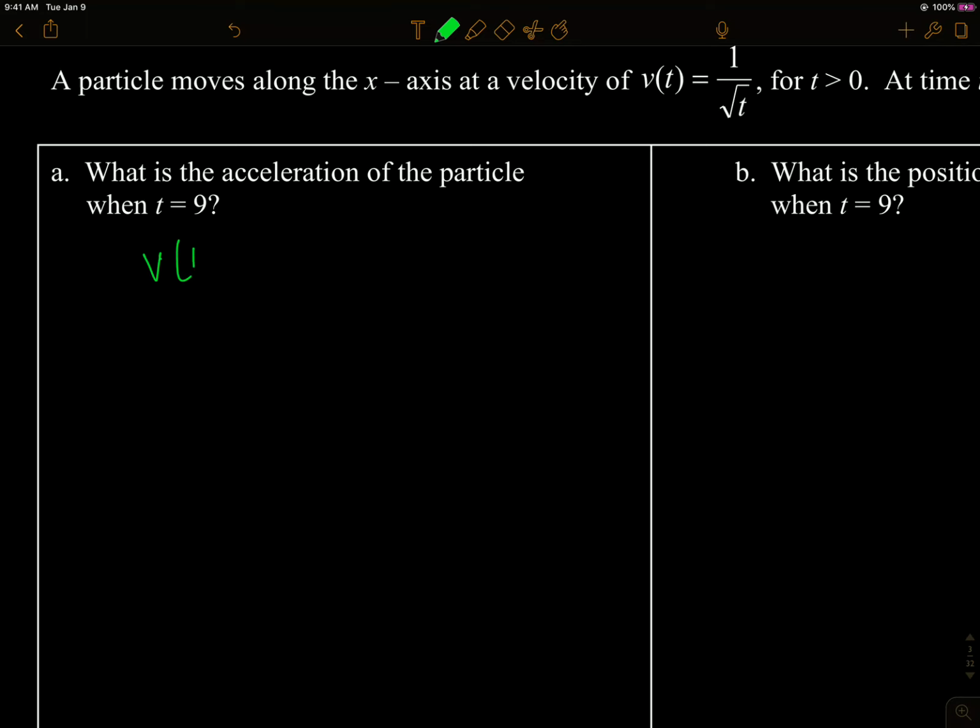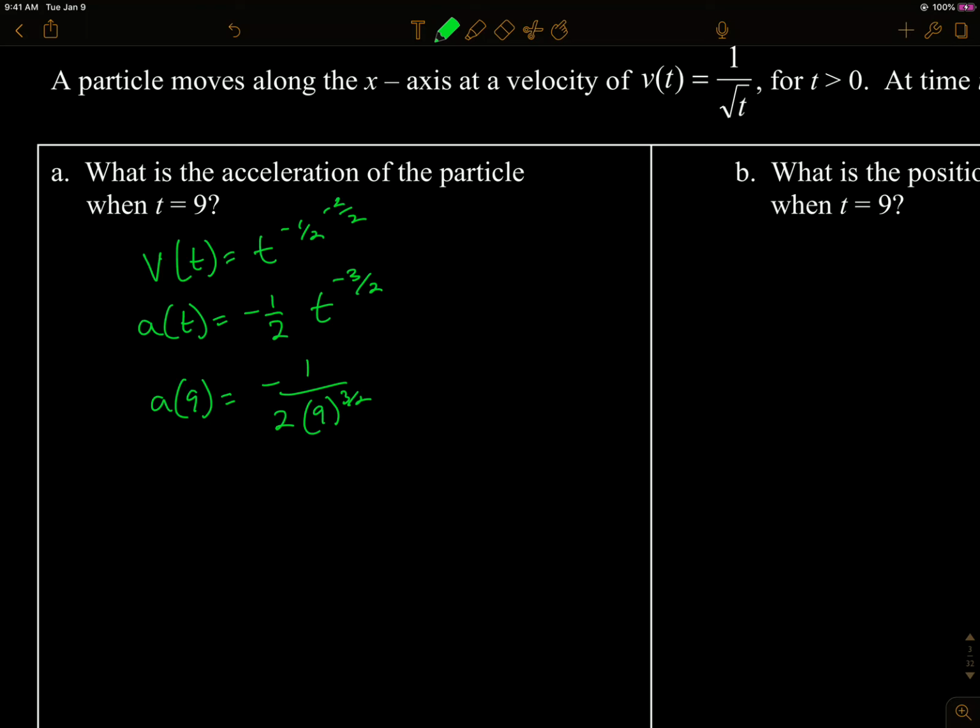Well, we know that the velocity function is t to the negative 1/2. So the acceleration function is the derivative of that. So I do derivative. Don't forget your power rule for derivative now. If I subtract 2 over 2, I get negative 3/2. So I get a of 9 equals negative 1 over 2 times 9 to the 3/2.